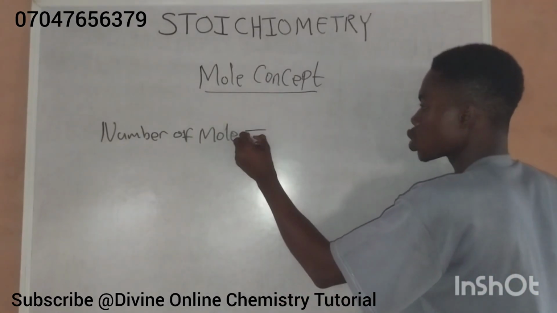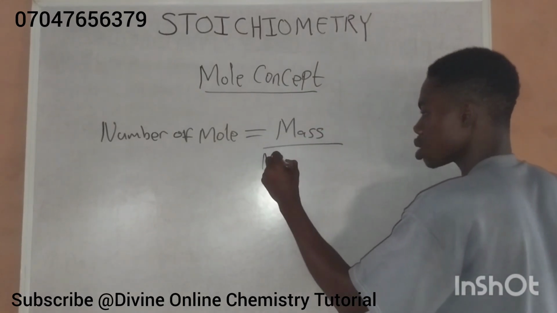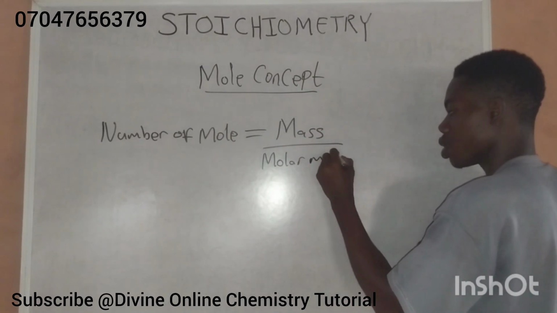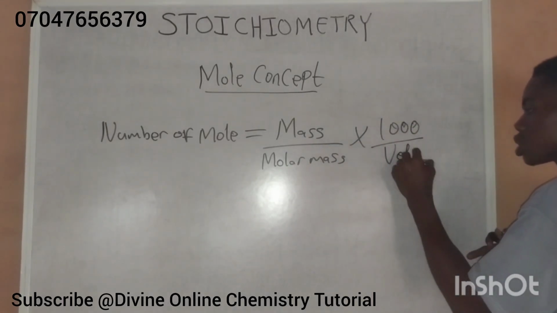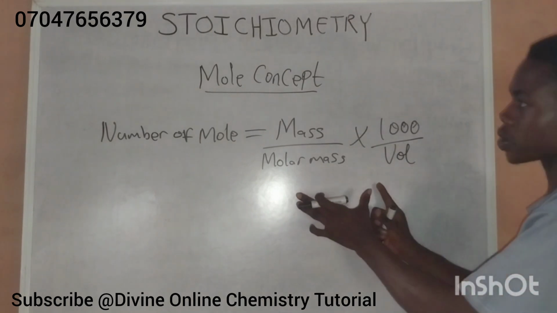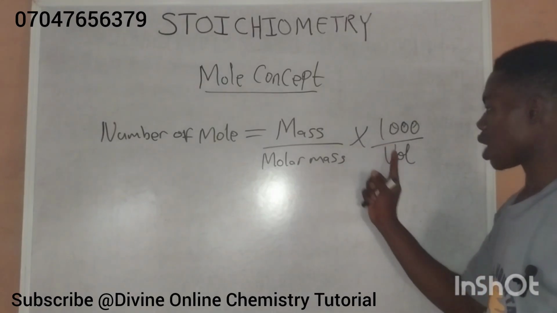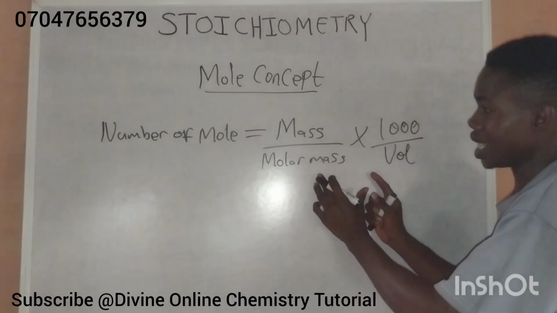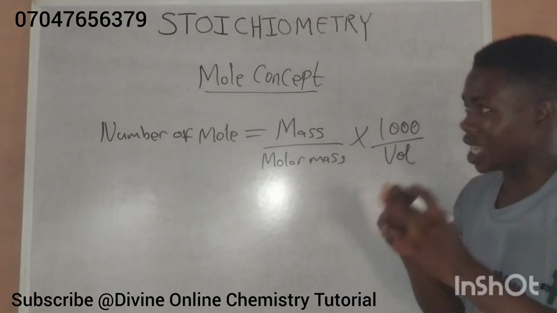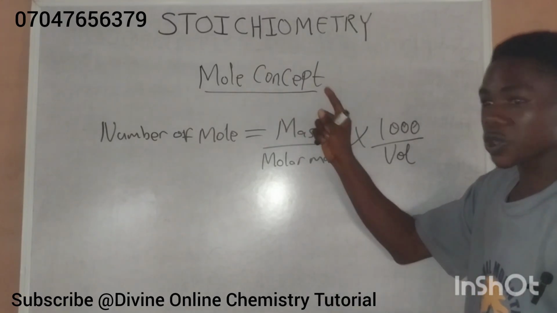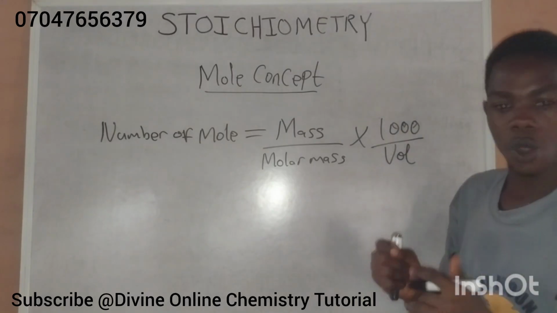Number of mole is equal to mass divided by molar mass, times 1000 over volume. This is another formula under mole concept that we can use. Please take note of all these formulas. They are very helpful and essential in calculating stoichiometric calculations. So please take note of all these formulas.